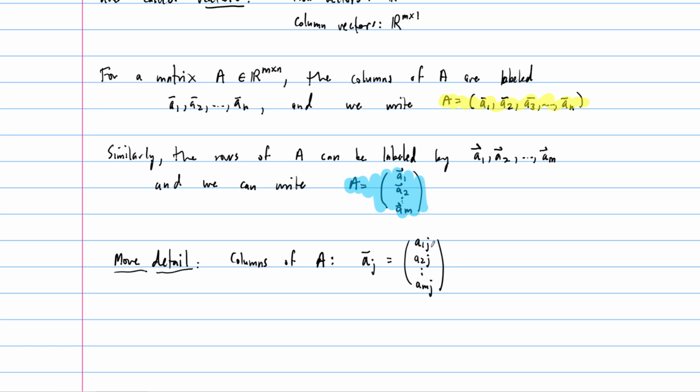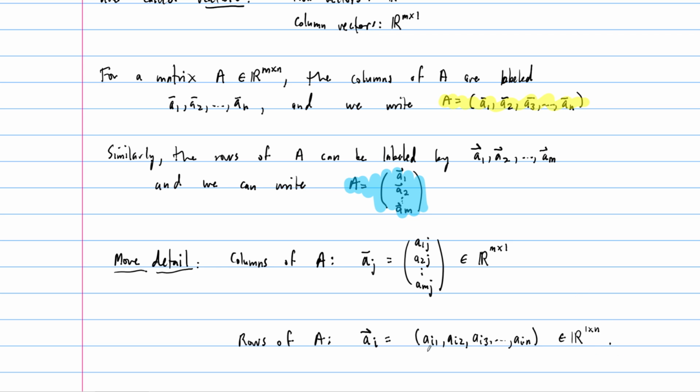The idea is that it picks out all of the entries whose second index is j, and this obviously lives in R^(m by 1). For our matrix that's m by n, with m rows and n columns, the rows of A, written A with an arrow hat i, correspond to all the entries that look like A_i1, A_i2, A_i3, all the way through A_in. And this obviously lives in R^(1 by n), for each of these.